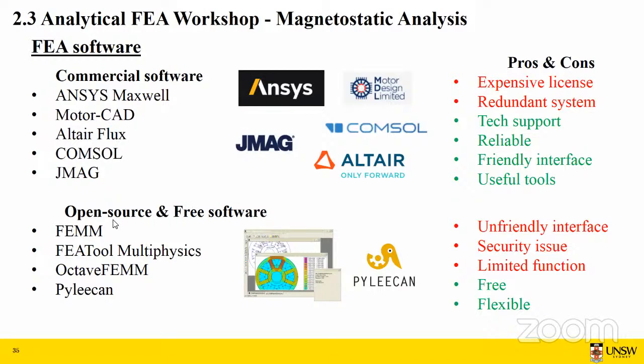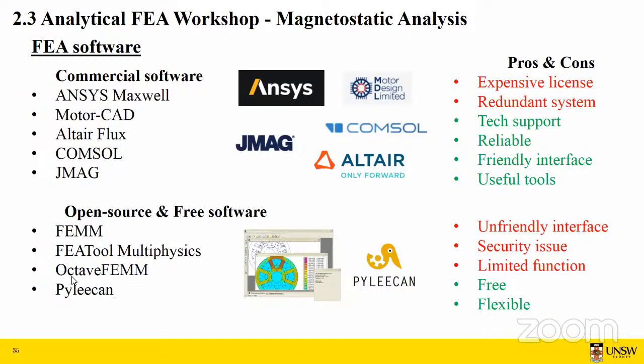The open source and free software, the most commonly used one is called FEMM, okay? It has a very simple and basic interface, but it's open source, so you can integrate it to your own control algorithm, to your own program, okay? So that's also how the other 2 software is developed.